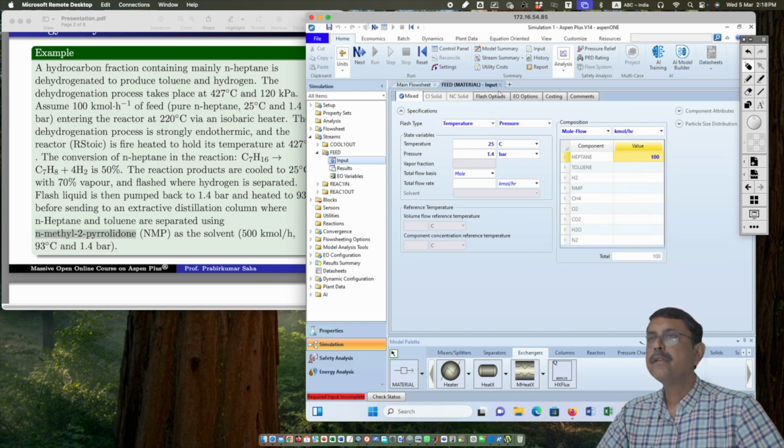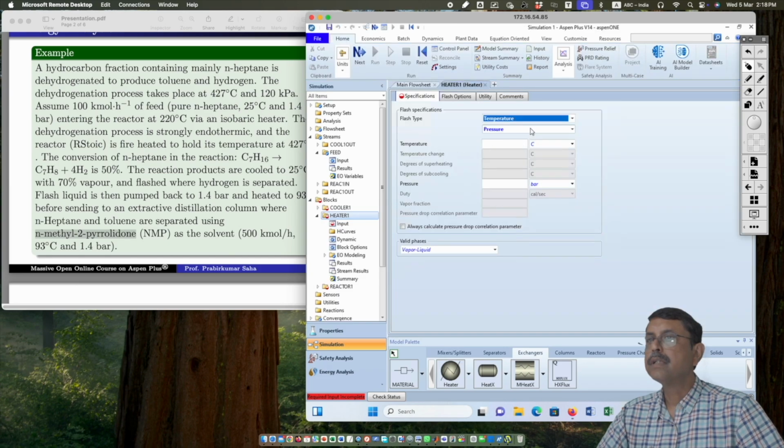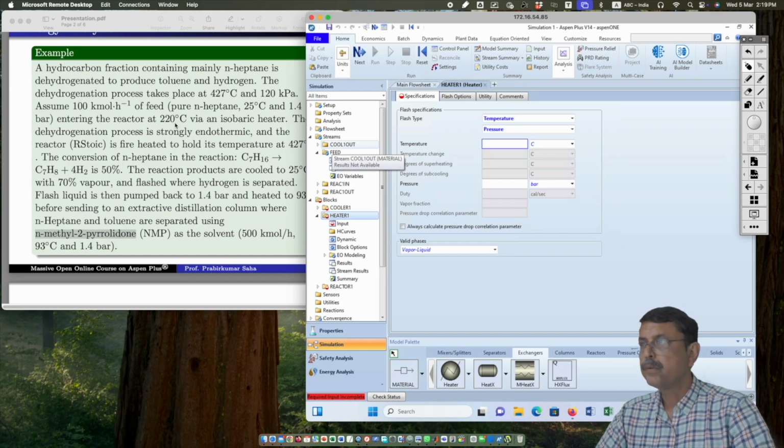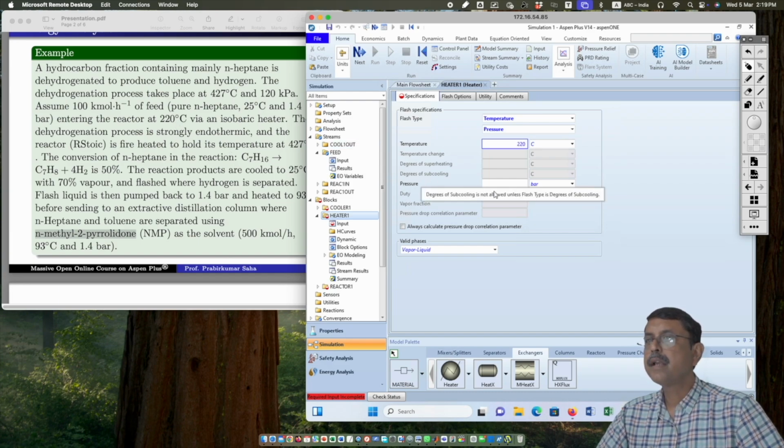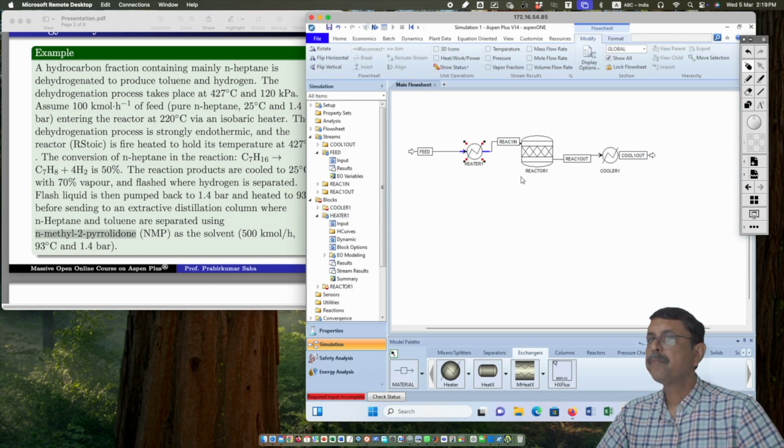Okay, and then the heater is an isobaric heater. So the temperature is 220 degrees centigrade. Okay, so 220 degrees centigrade and pressure isobaric, no change in pressure.